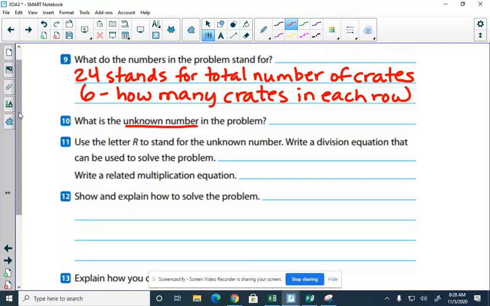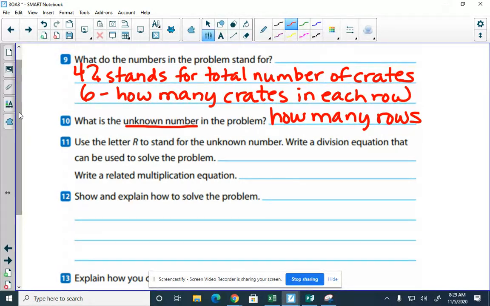What is it that we're looking for, the missing puzzle piece? What we don't know is how many rows that 42, excuse me, I wrote that wrong up here, that 42 crates, putting them in 6 in a row, will give us. How many rows? That's the question you're being asked.